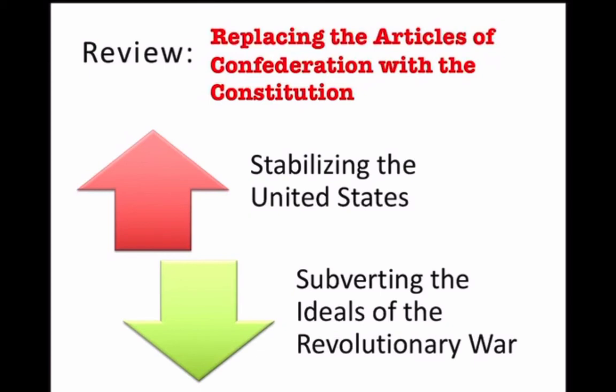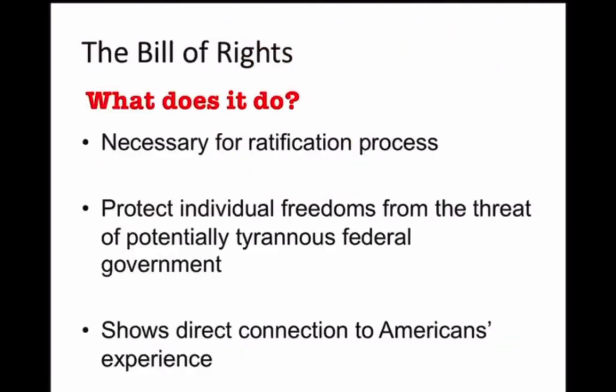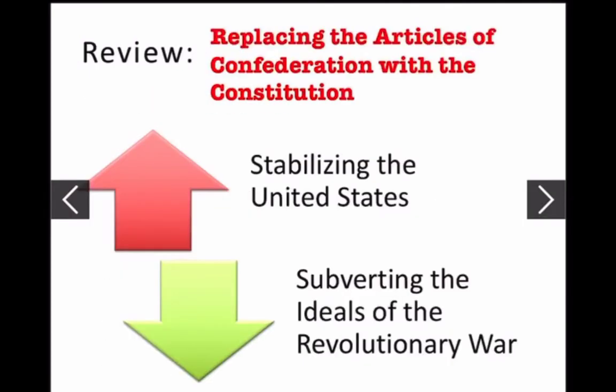And that becomes more important than really living up to the ideals of the American Revolutionary War. Okay, that is going to take like a back seat to this. And that's where replacing the Articles of Confederation essentially comes from, right? They need to stabilize the United States.